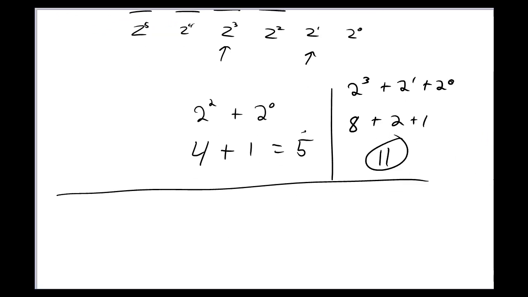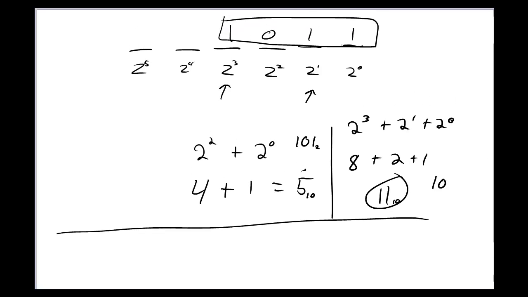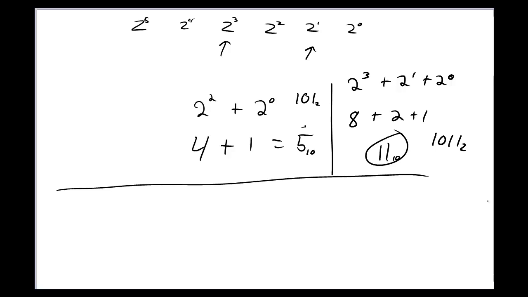So now let's try to go back the other way. We've already seen the number 101 in binary, which you used to write a little base 2 for, is 5. And the number 11 in base 10 is the binary number 1011. So let's try to go from base 10 back into binary.